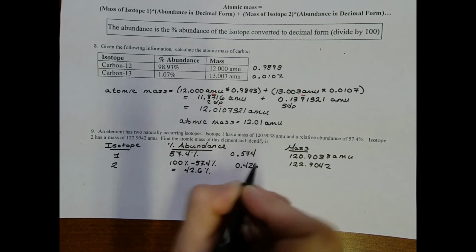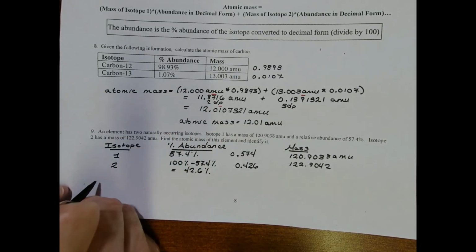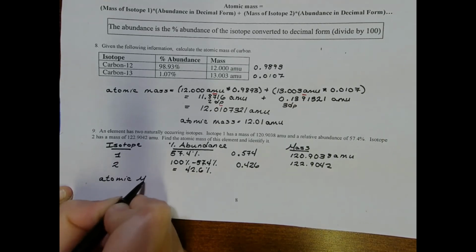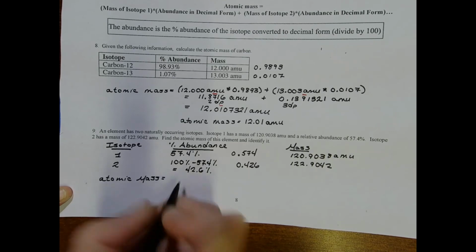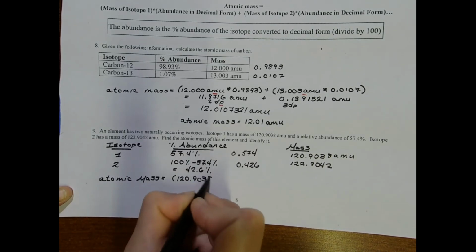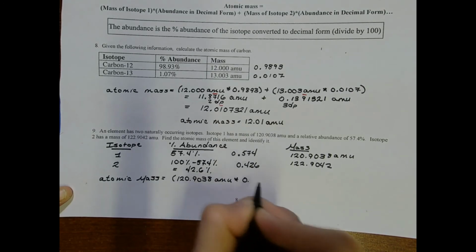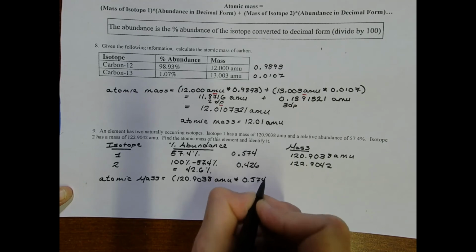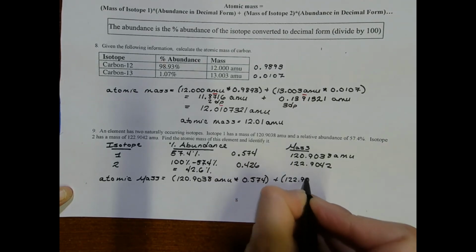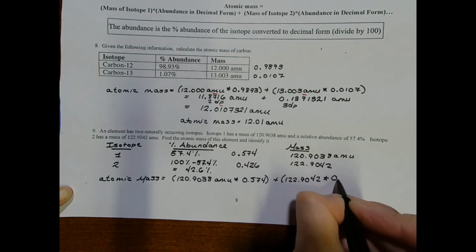All right, so now I have my percent abundances in decimal form, and now I can set up the atomic mass calculation. So I'm going to do the mass of isotope 1 times the percent abundance in decimal form plus the mass of isotope 2 times its percent abundance.